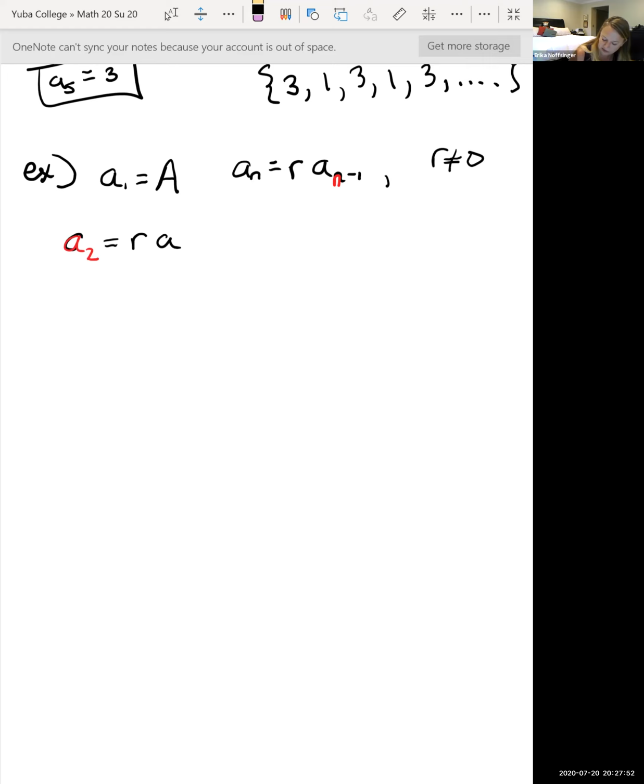So plugging that in, we have 2 minus 1. So this is equal to r times a sub 1. But a sub 1 is given to us. It's just capital A. So this is equal to r times capital A.